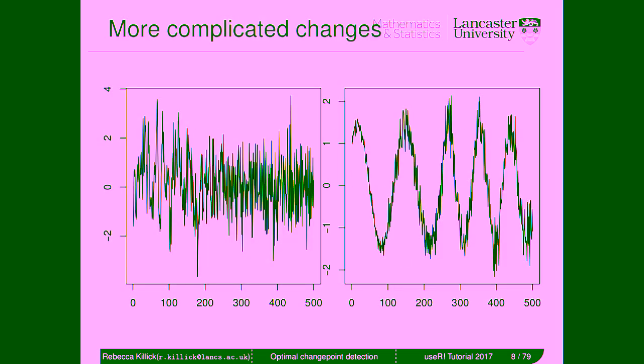So I'm just going to put up an example of some more complicated types of change here, and we're going to kick off the interactive nature by saying, is there anybody in the audience here who could tell me whether there's a change, what the change is in terms of what type of change, and where it is in either of these data sets? On that one?